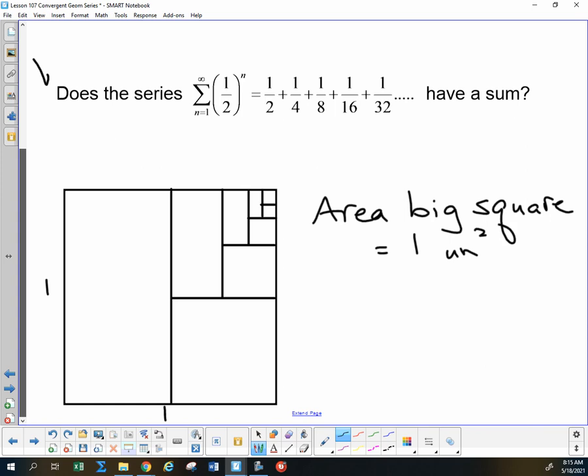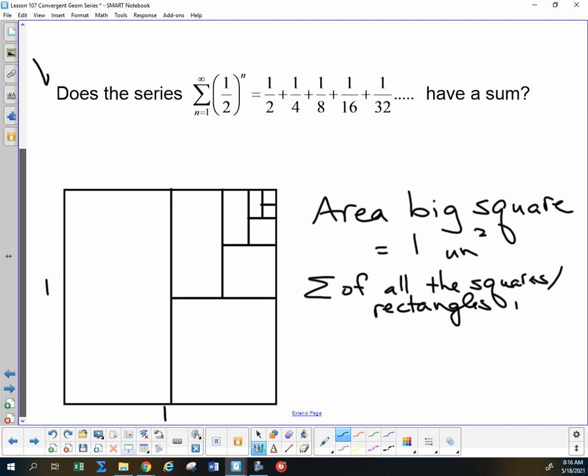Now, if I added up all of the little squares and rectangles inside of it, it would have to add up to 1. So if I also took the sum of all the squares, rectangles inside, that would have to give me the whole big square, which would be 1.